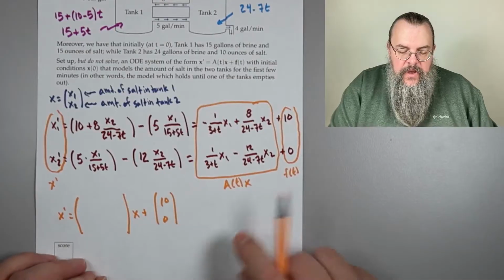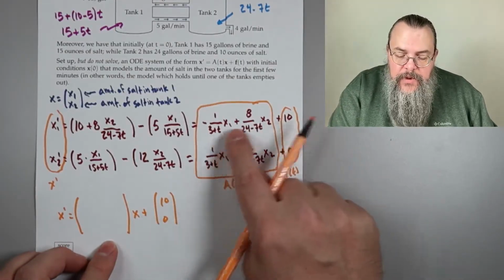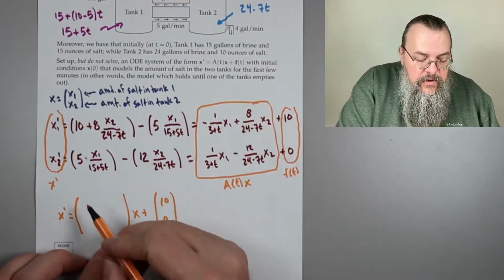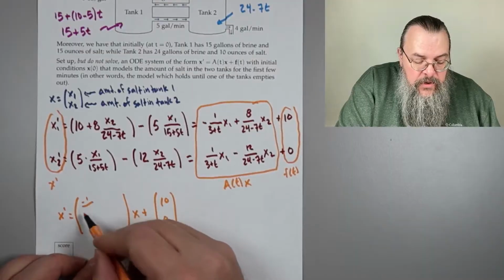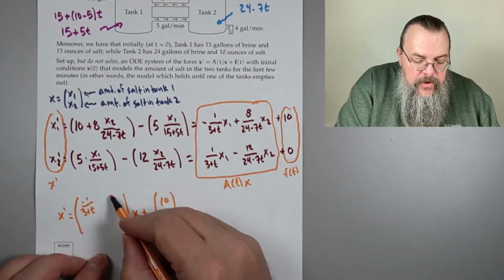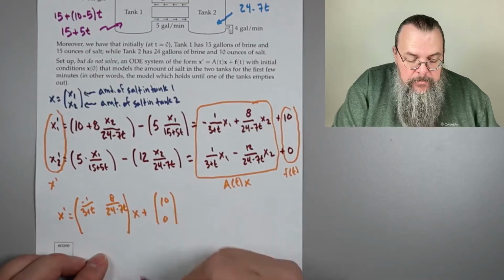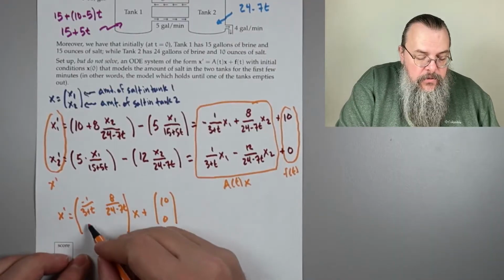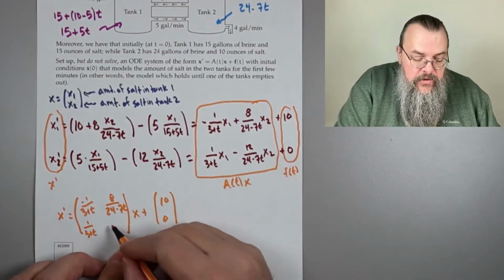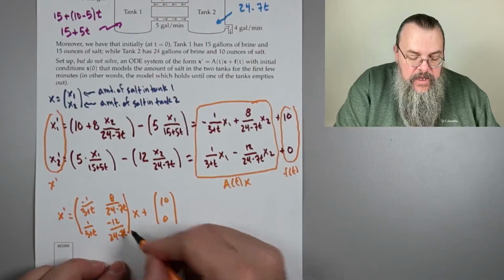0. And the key is these coefficients. And you'll see that's why we wrote things in very particular orders. x1, then x2, x1, then x2. So it's minus 1 over 3 plus t, 8 over 24 minus 7t, 1 over 3 plus t, and minus 12 over 24 minus 7t.